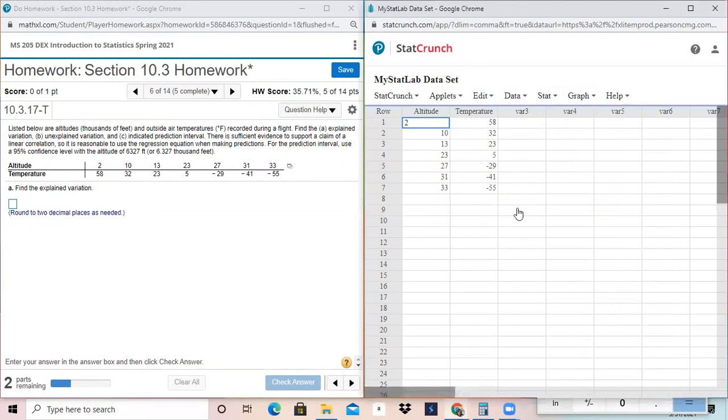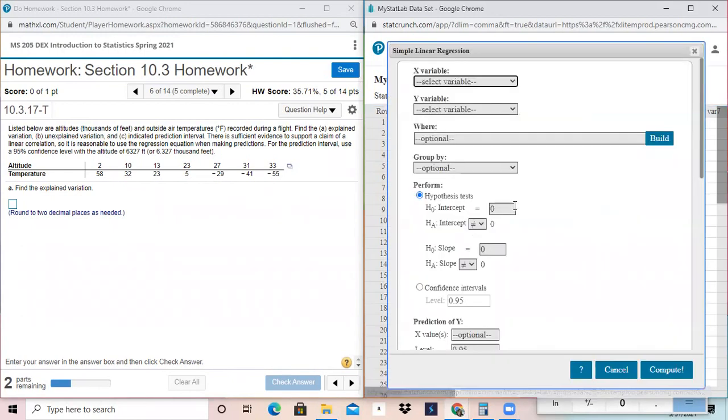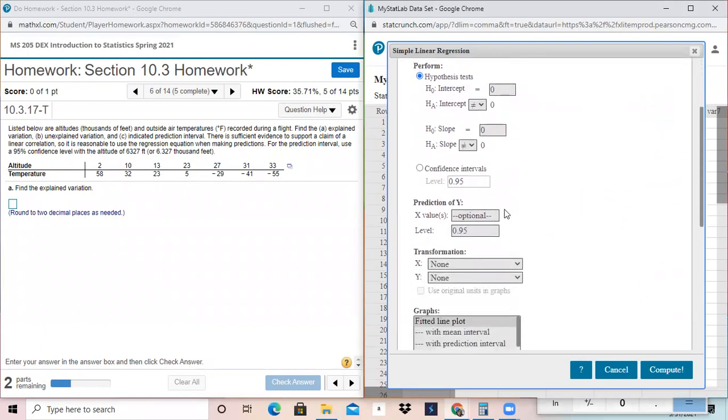So let's go with regression, simple linear. Give it the X, give it the Y. 6.327 is going to be the X that we want to get a prediction interval for at a 95% confidence level. Good. Compute.